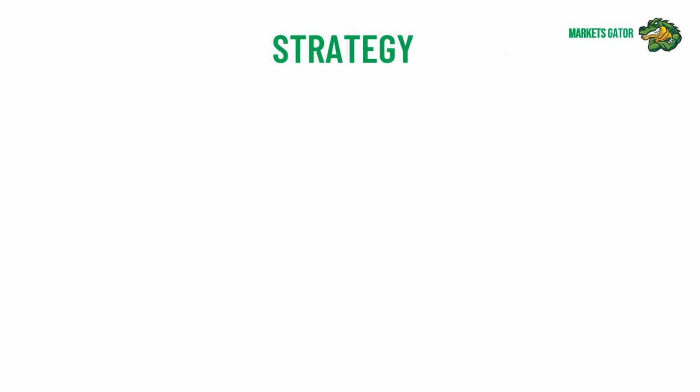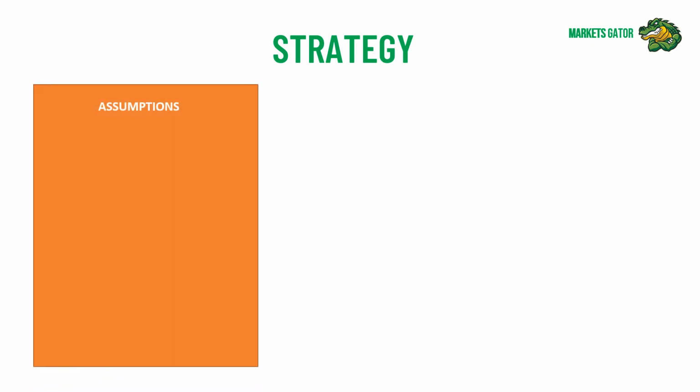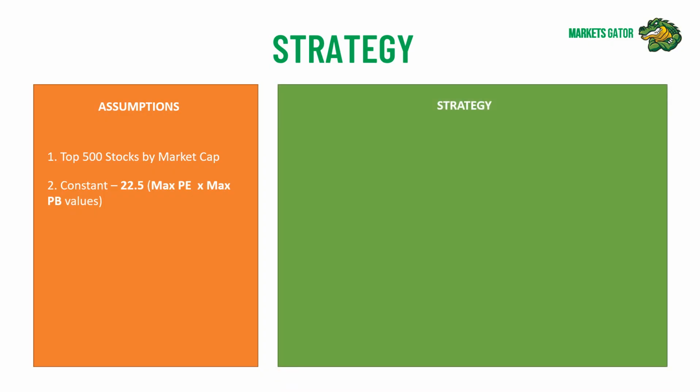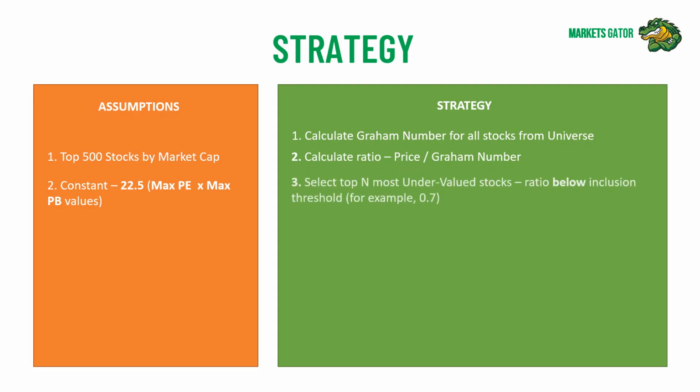Now let's try to create a simple investment strategy. First, a couple of assumptions. I'll limit my stock universe to the top 500 stocks by market cap. And I'll keep the constant the same as suggested by Graham. Here is the strategy I will be following. At start, calculate the Graham number of all stocks from the universe, the 500 top market cap stocks. Calculate ratios, price to Graham number, for each stock. Select N most undervalued stocks, with ratio below the inclusion threshold.